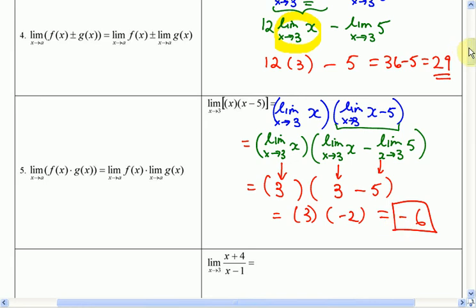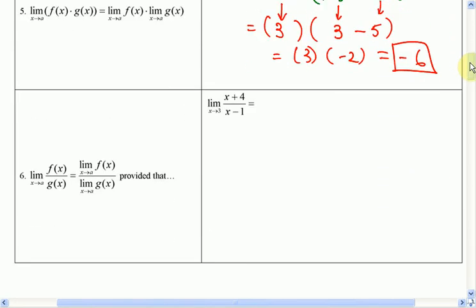So that's the property for multiplication, and there's a similar thing for division. The limit of f of x over g of x is the limit of f of x over the limit of g of x, provided that, now what does this mean? Remember, when we're dividing, what do we have to worry about? If you said we can't have the denominator equal to 0, you are totally correct.